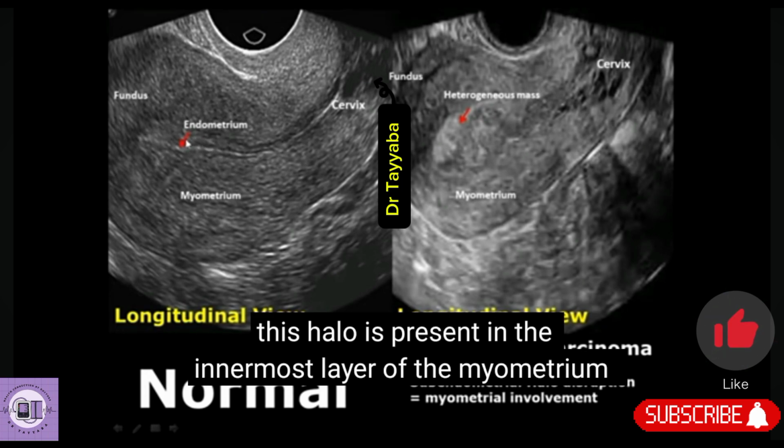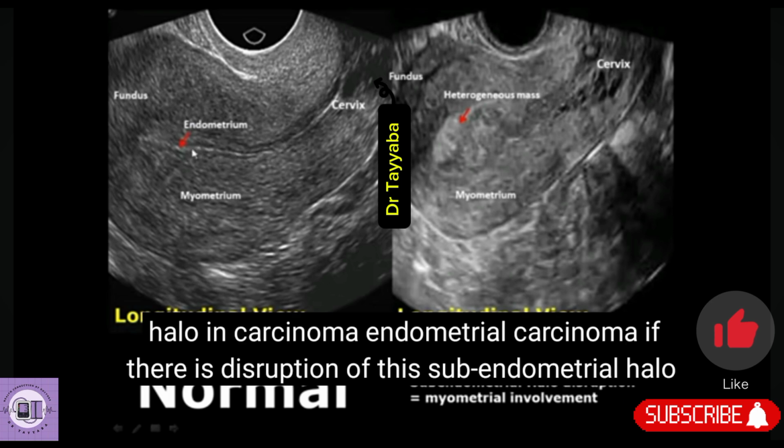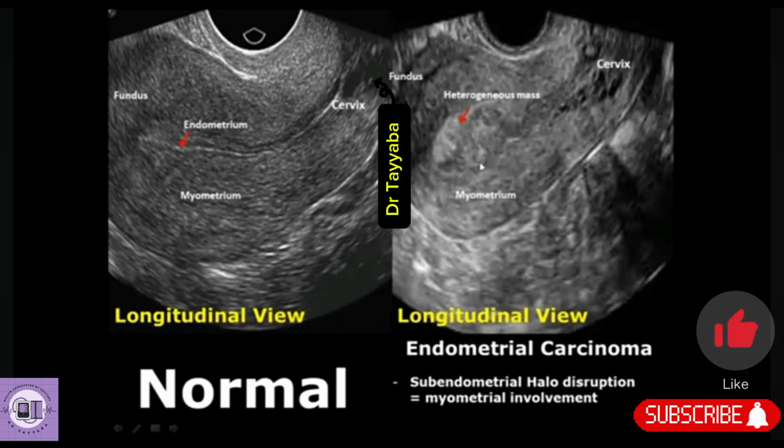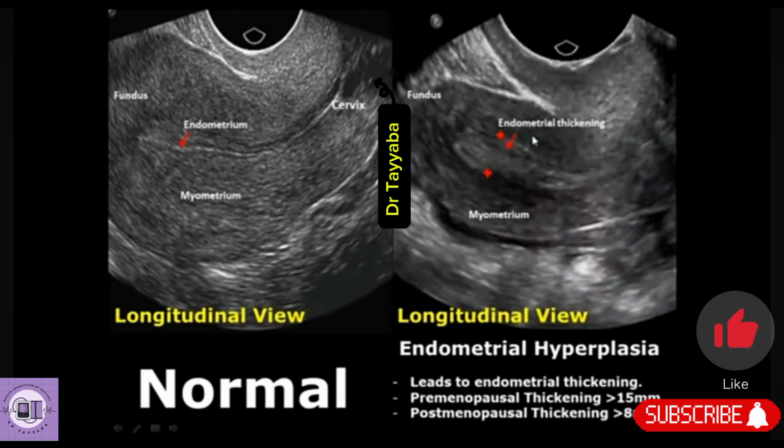This halo is present in the innermost layer of the myometrium, which is right behind the endometrium. This hypoechoic area is the subendometrial halo. In carcinoma, if there is disruption of the subendometrial halo, it leads to myometrial involvement, meaning the carcinoma has reached the myometrium.